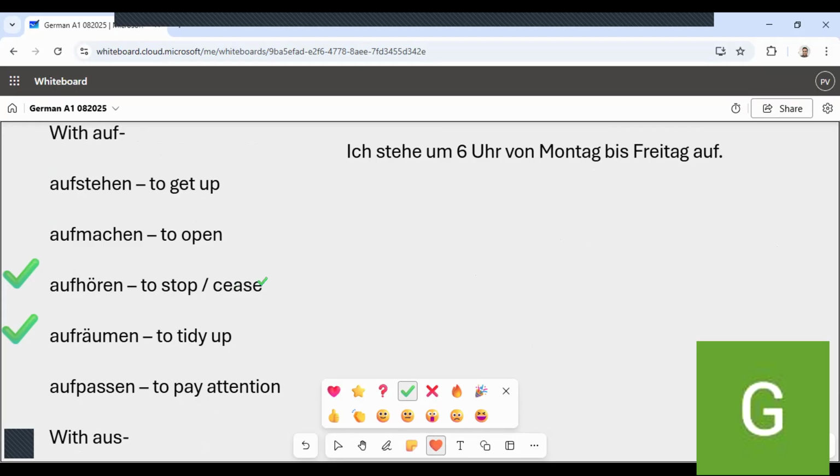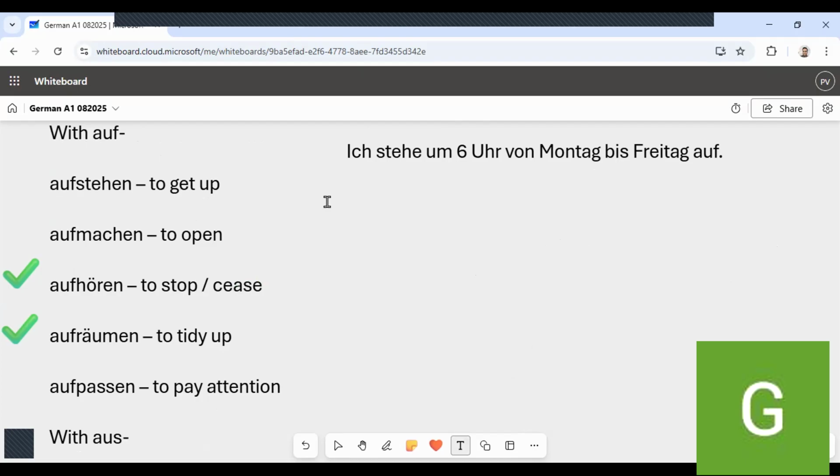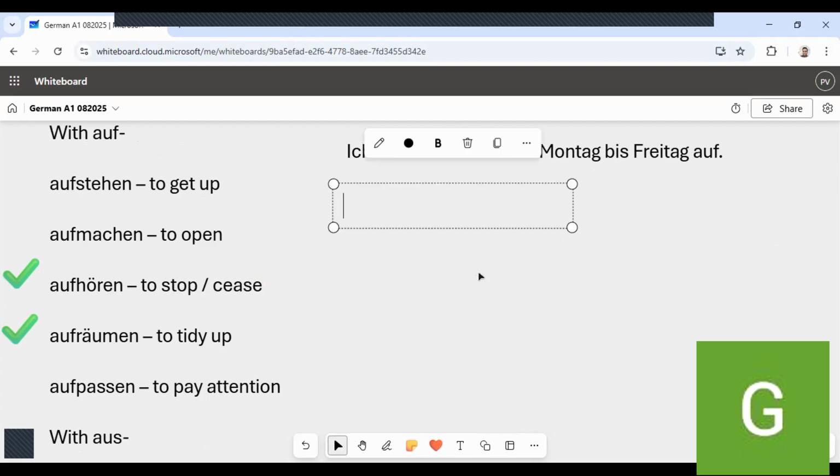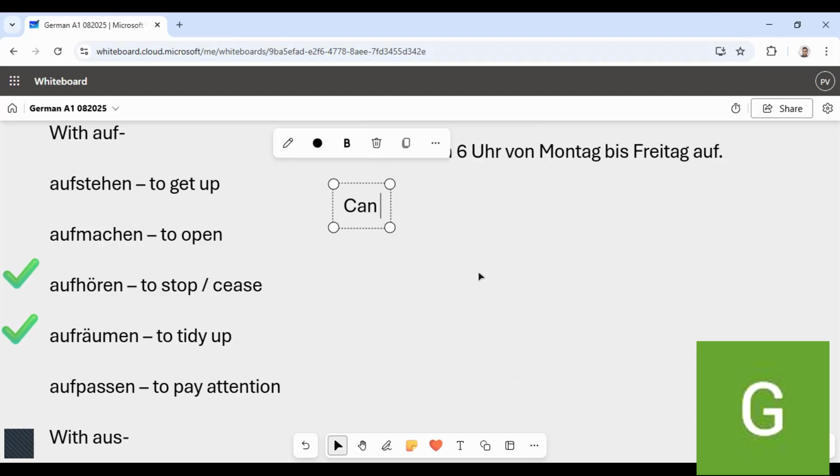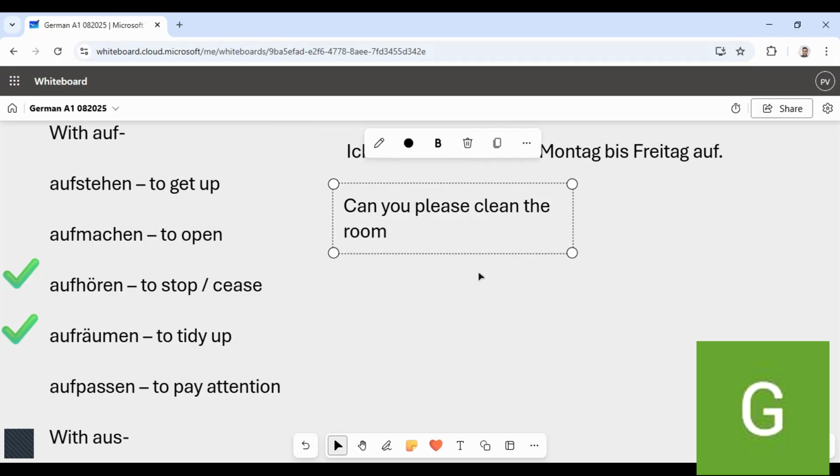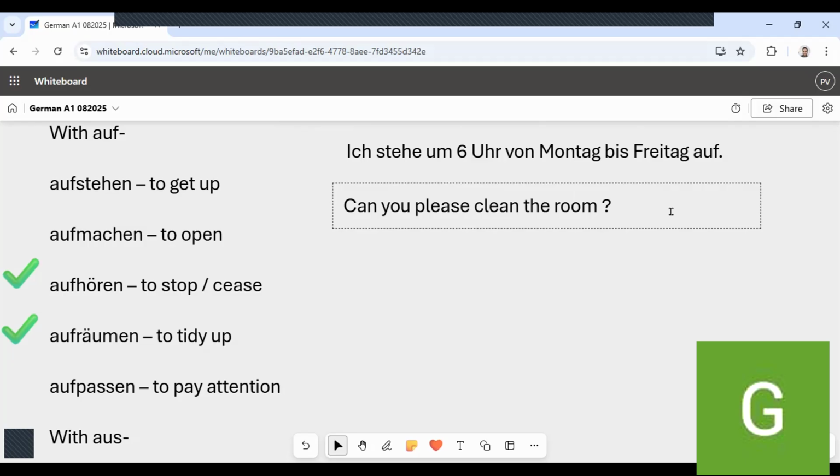Suppose you want to ask your friend, can you please clean the room? How can you frame a sentence?